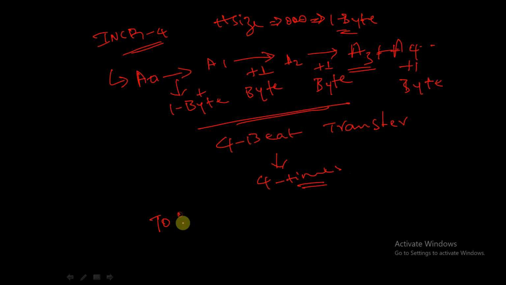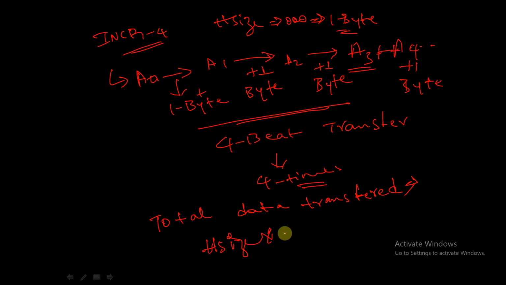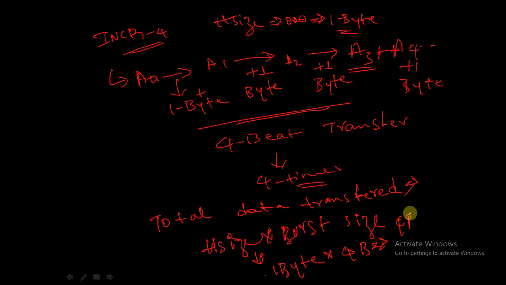So the total data transferred is equal to hsize into burst size, which is 1 byte into burst size 4, which is equal to 4 bytes.